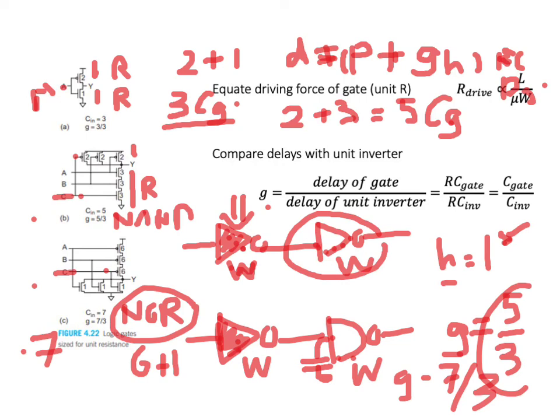So if we increase the size of the gate driving the load, H of course reduces, and this is the only way you can reduce the total effective delay of a multi-stage logic path.